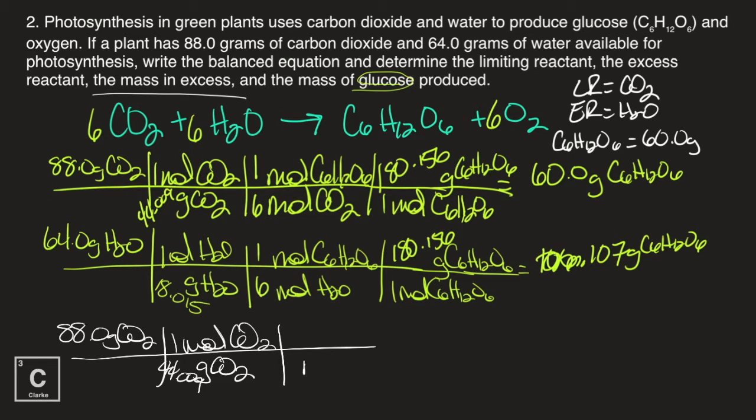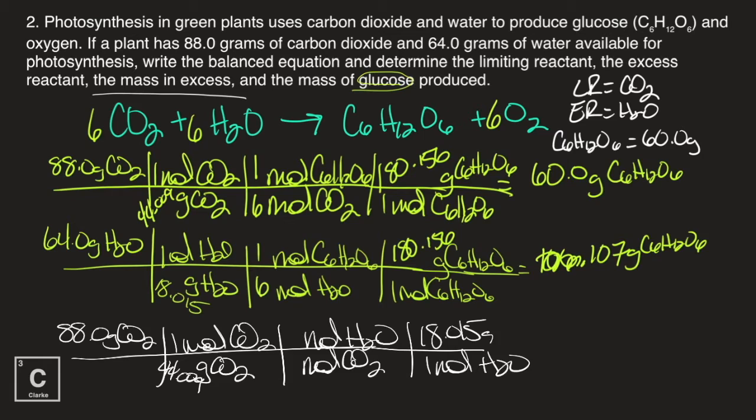What's on top comes on bottom. Moles of carbon dioxide comparing to moles of water. Remember, we want to see how much water we used. Bring that down, moles of water, the molar mass of water. Let's fill in our mole ratio. We had 6 moles of water. We had 6 moles of carbon dioxide. Those are going to cancel out. Okay, let's put this in the calculator.